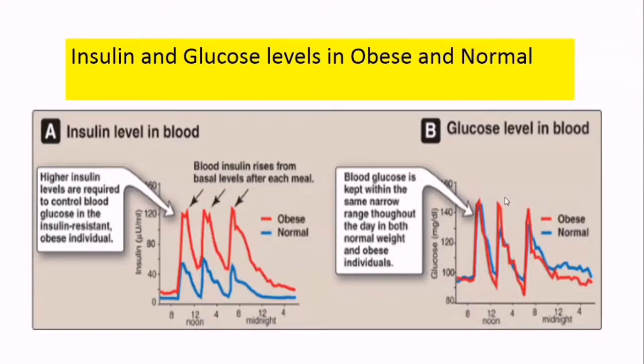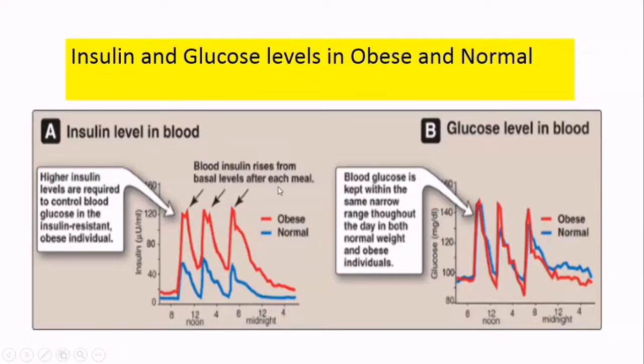So glucose levels in obesity are normal. If you see the glucose levels, blood glucose is kept within the same narrow range throughout the day in both normal and obese individuals. Here you can see the red graph is obese people's glucose, whereas the blue graph is normal people's glucose levels in the blood.